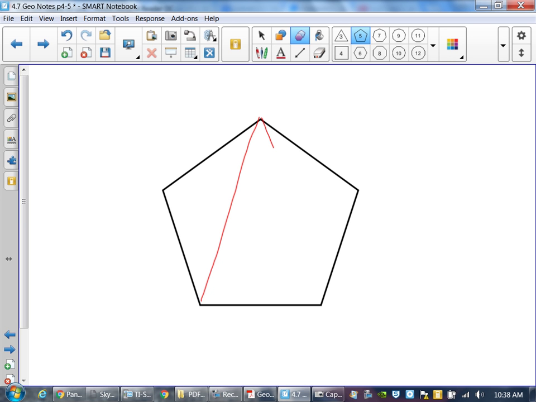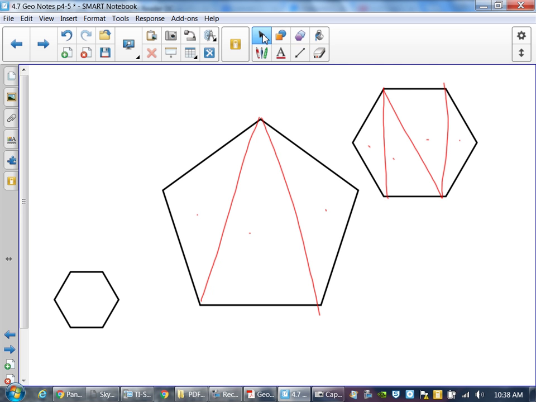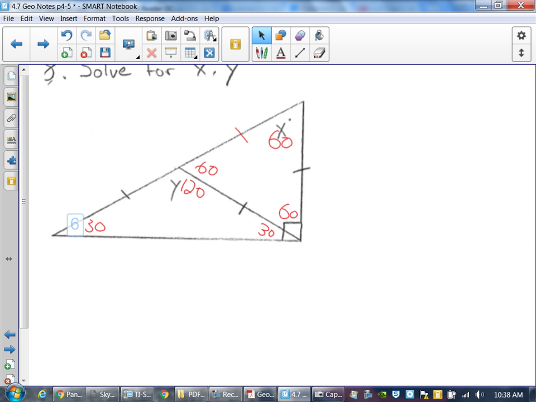How many triangles are there? 3. 180, 180, 180, which is 540. You do 6, 1, 2, 3, 4. 720. So the interior angles go up by each side by putting in another triangle.